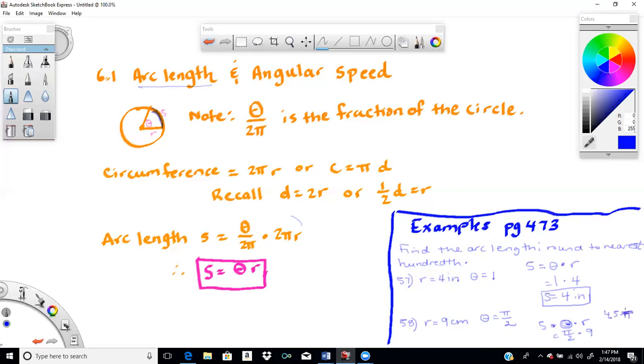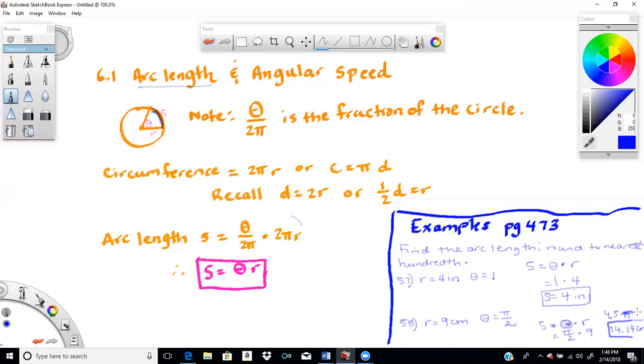Use your calculator: 4.5 times pi, and you get 14.13716694, and we want to round that to the nearest hundredths. That gives you 14.14 centimeters.